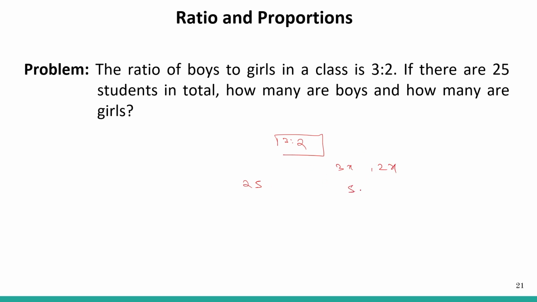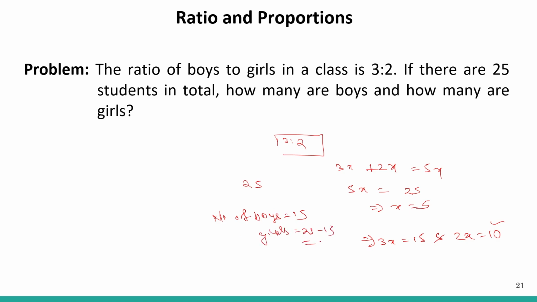The whole will be 5x, as 3x plus 2x is equal to 5x. So 5x is equal to 25, which implies that x is equal to 5. So 3x is equal to 15 and 2x is equal to 10. So the number of boys is 15 and girls is 25 minus 15, which is 10.